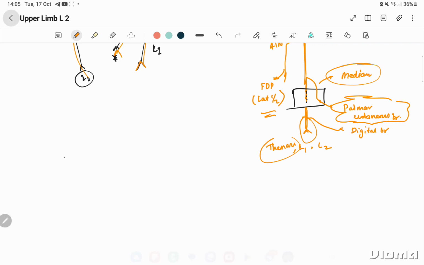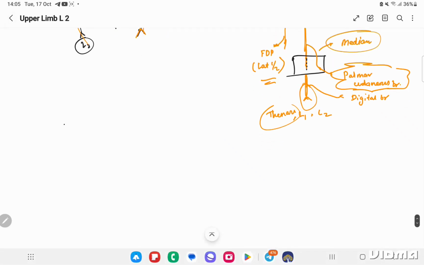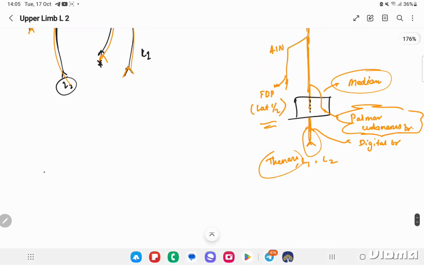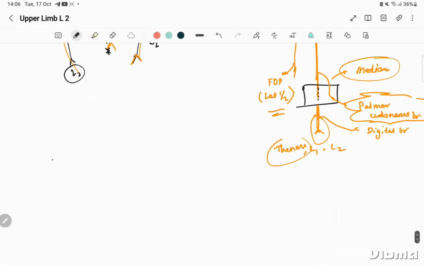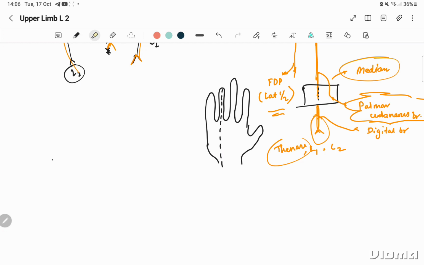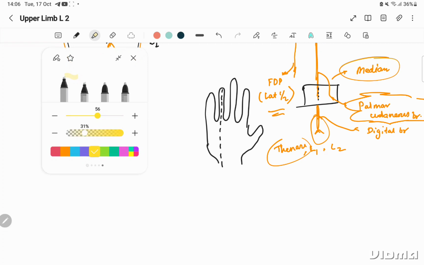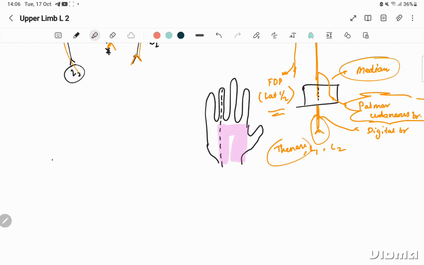Okay, and if I show the portion of hand that is supplied by the palmar cutaneous branch, let's say this is the hand. So this whole portion, this part, is supplied by the palmar cutaneous branch.